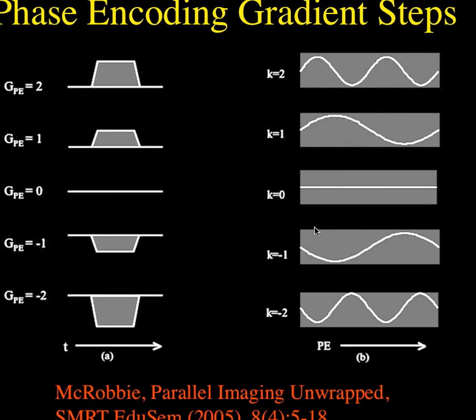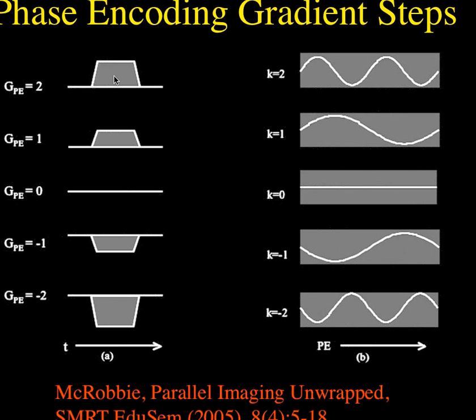And the way this works is, if we typically do like a 256 encoding, let's just say it's the y direction that we're going to do the phase encoding in, we'll generally start out with a very strong positive gradient in that direction. And if it's 256, what we'll do is step that gradient down by interval steps.